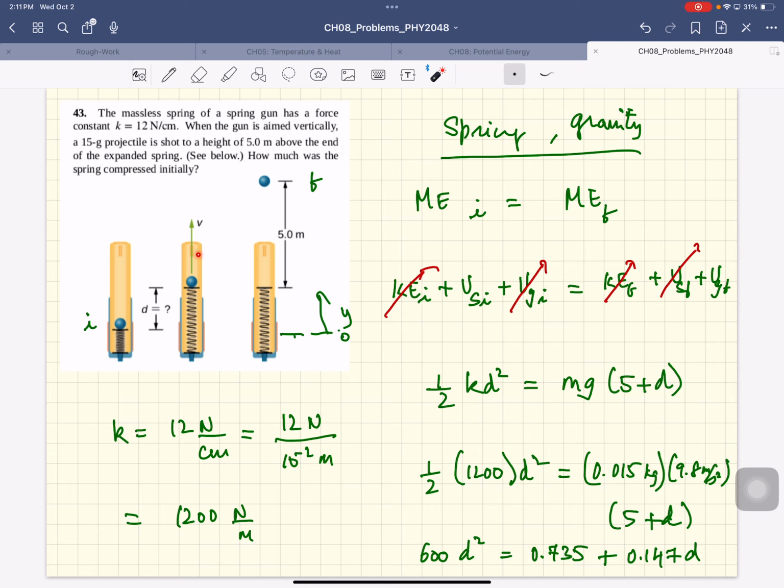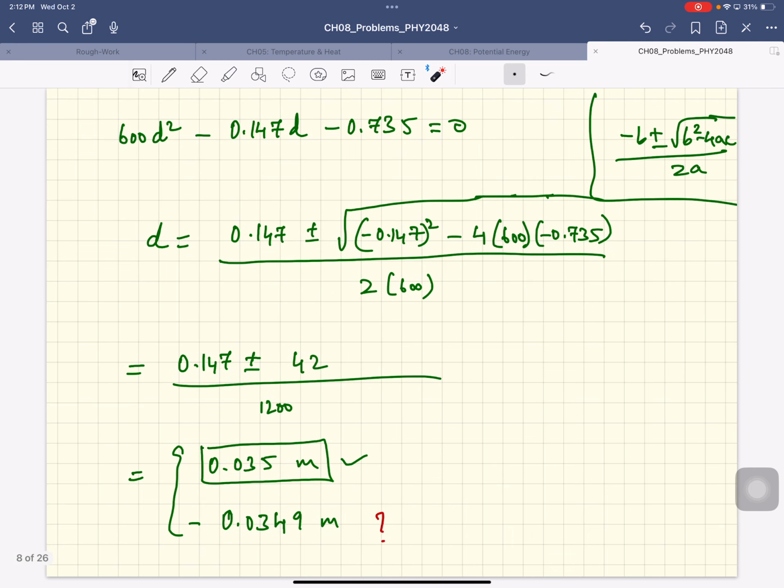Why didn't this go all the way to the same location? Because some of its gravitational potential energy increased. And so the spring potential energy had to be a little less. Okay. All right, anyway, the mathematics gives you all the solutions. Okay, it's just a matter of interpreting them.